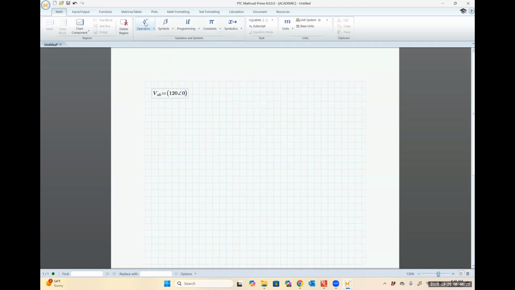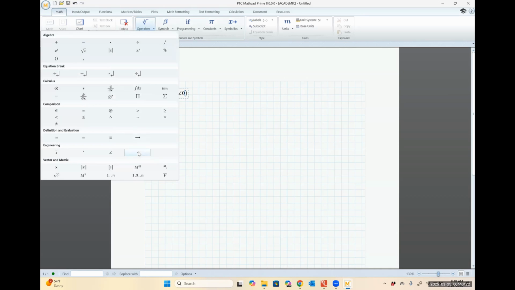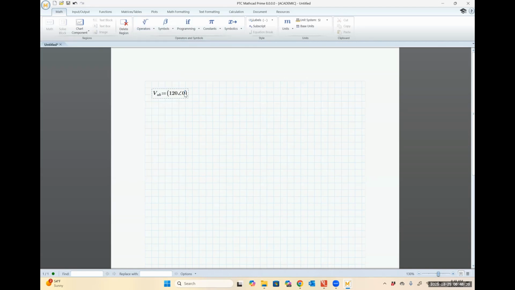If we go back to that operator menu and go down here, we can see that the degree symbol is available to the left of that angle operator sign, but there isn't a keyboard shortcut for that. That annoys me. So instead of having to go up there and click that every time, I'm just going to type in the letters DEG, and MathCAD will know to interpret that as an angle measured in degrees. By default, it will do everything as angles measured in radians, so if you don't explicitly tell it degrees, you'll run into issues.